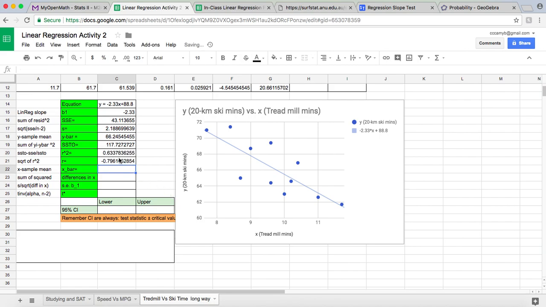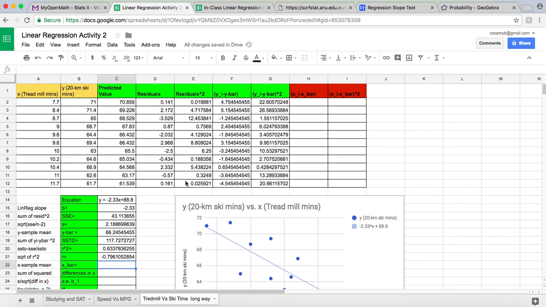And now we see that we've got the correct one. So we have our negative R matching up with the negative slope. So make sure that when you take the square root of R squared to get R, you're matching up with the actual direction that the line is in.